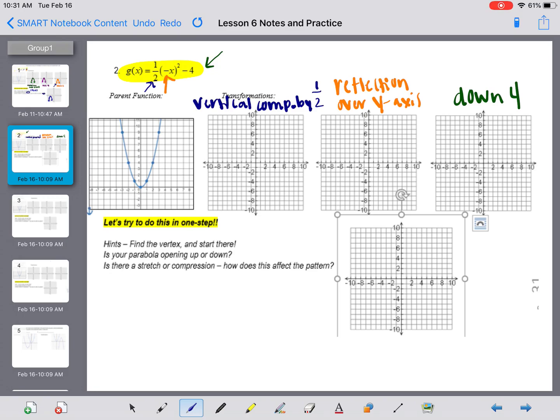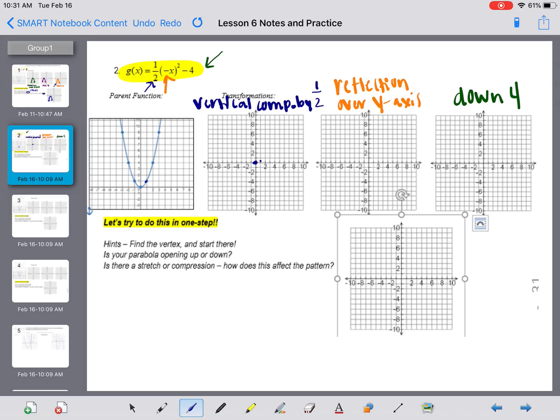So when we compress by 1/2, there's multiple ways to compress by 1/2, but our vertex stays the same. So we are compressing our parent function by 1/2. So one way to do it is just to multiply the y values of the vertex by 1/2. So here, our first y value is at 1, so that point becomes 1/2.